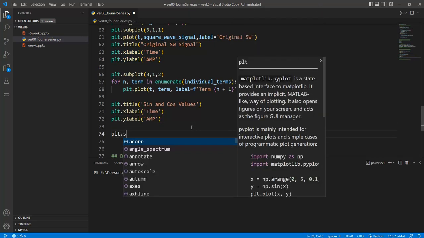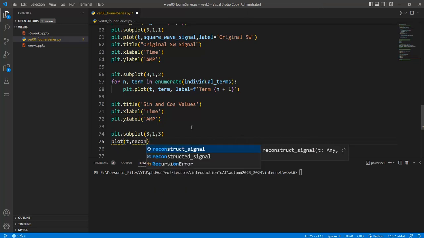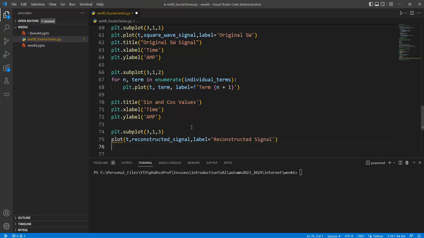After that, we can create another subplot in here, 133, okay, and plot the reconstructed signal like this one, and so the label is equal to reconstructed signal, okay.